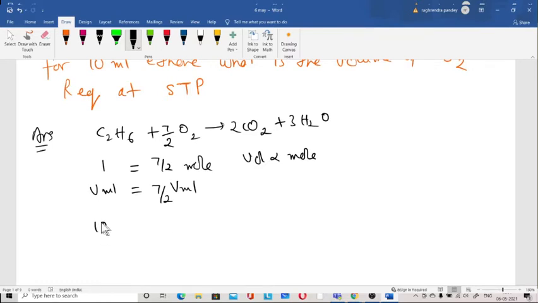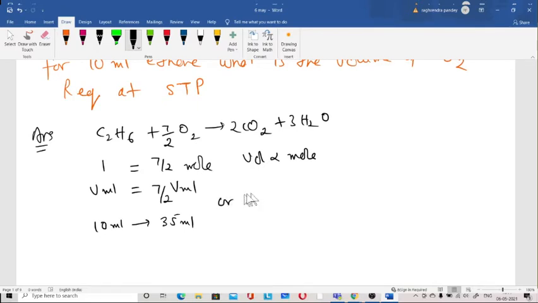So if we take 10 ml, whatever is there, it will be 10 times. So it will be 35 ml.